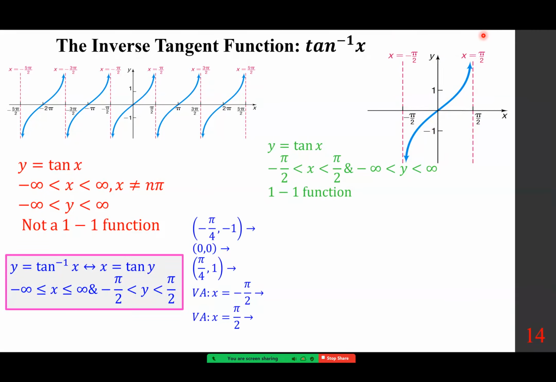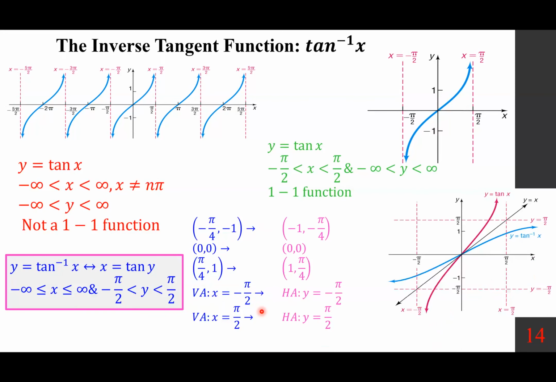For its inverse, tan inverse, this one becomes negative 1, negative pi over 4. This is the same 0, 0. This becomes 1 comma pi over 4. What happens to the VA? VA changes to HA, horizontal asymptote, y equals minus pi over 2, and horizontal asymptote, y equals pi over 2. So that's the change that takes place.